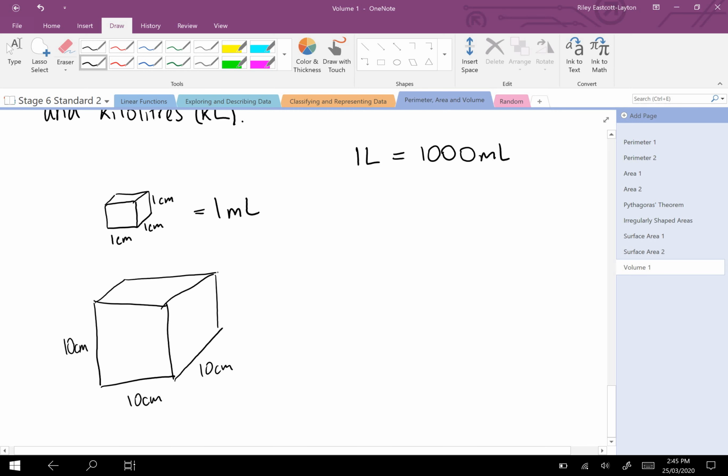Alright, so 10 times 10 times 10 is 1 with 1, 2, 3 zeros. And sure enough, 10 times 10 times 10, 1,000 centimetres cubed, which is 1 litre. So we will say that a 10 by 10 by 10 centimetre cube is 1 litre of whatever liquid it is that we're talking about.